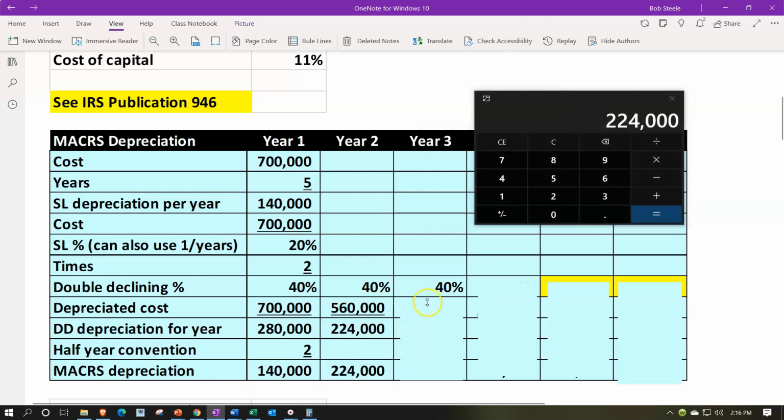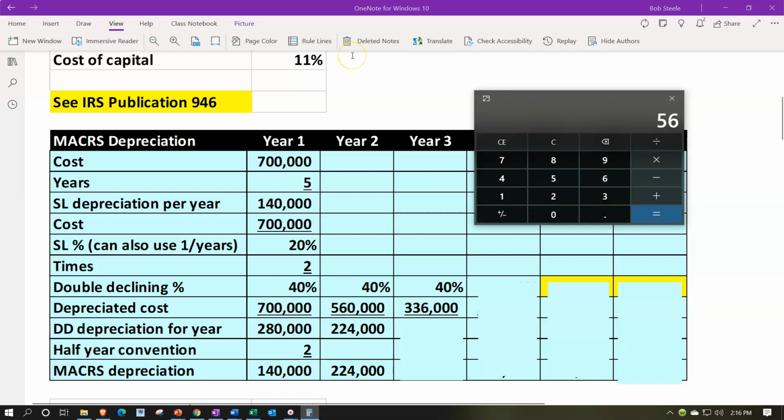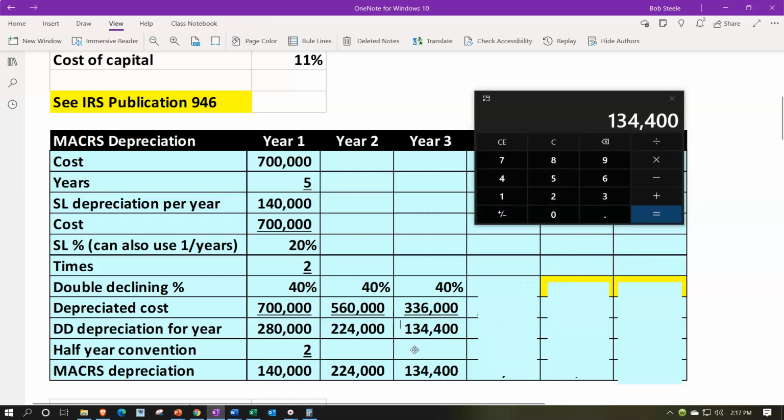Year 3, we take that 40% and apply it to where we were before, which was the 560,000 minus the 224,000 we took last time. So the cost minus the accumulated depreciation is 336,000, times 0.4 gives us the depreciation of 134,400. There is no half-year convention here, so we're good there.